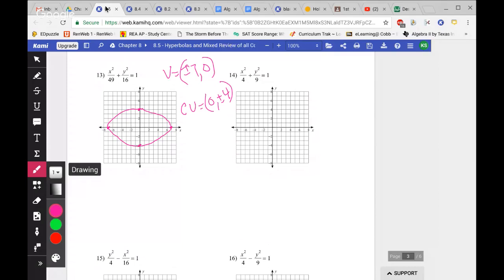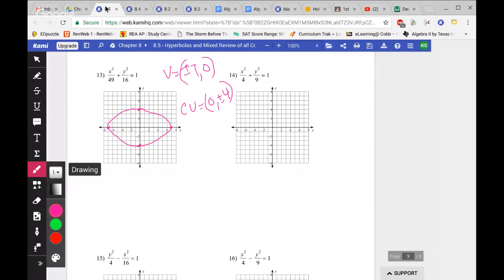But that's only on ellipses. The ellipses are the only ones where the value is the important one. On the hyperbolas, the vertice is going to be in the first term.